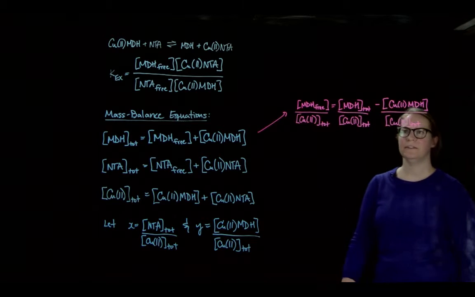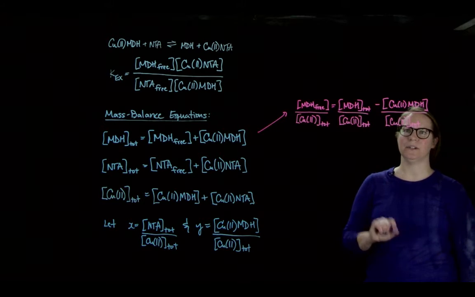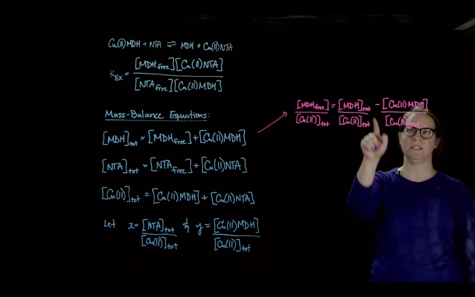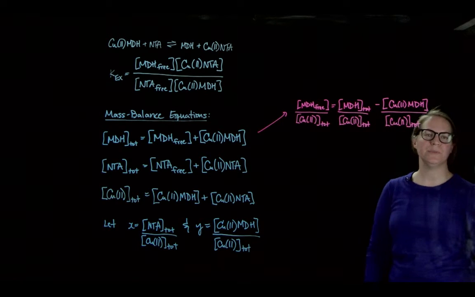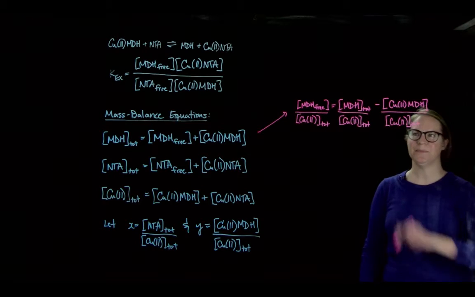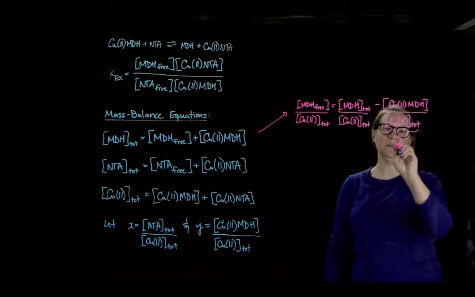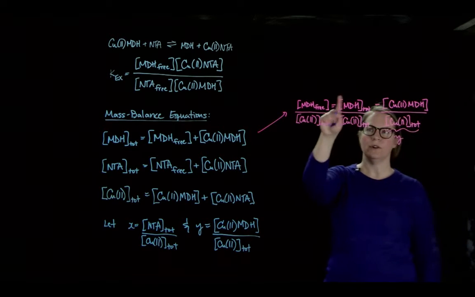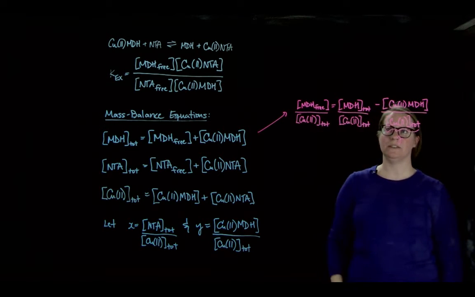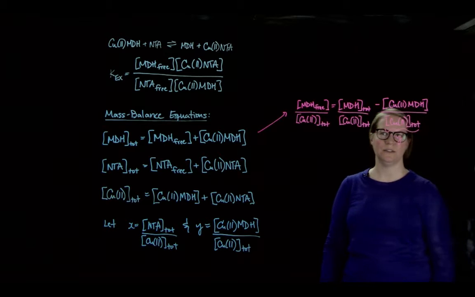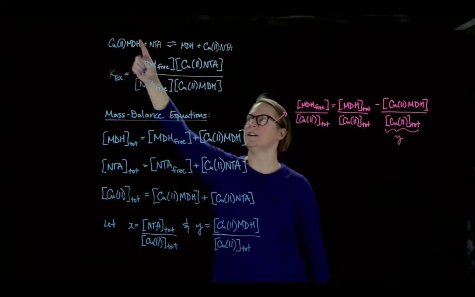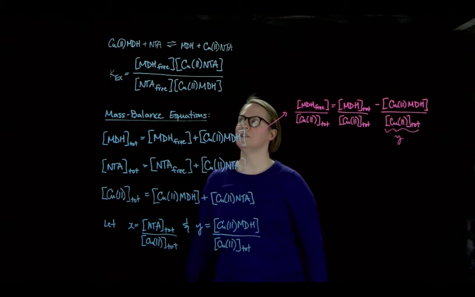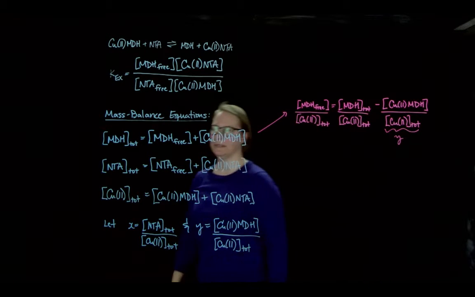Now what we have, we'll come back to this first term, but this last term is exactly how we defined y: the concentration of copper 2 bound to MDH divided by the total concentration of copper 2. So this will be replaced with y. For this expression, the MDH total concentration divided by the total concentration of copper 2, we remember that the experiment started with a solution containing copper 2 bound to MDH.